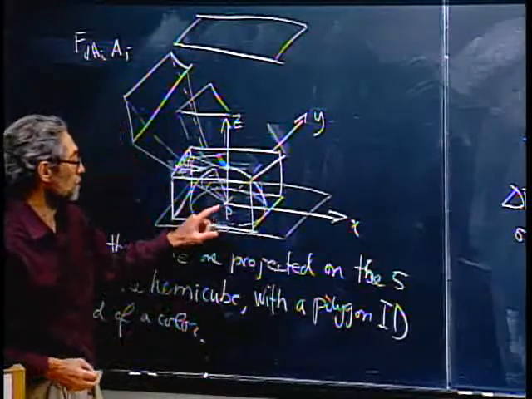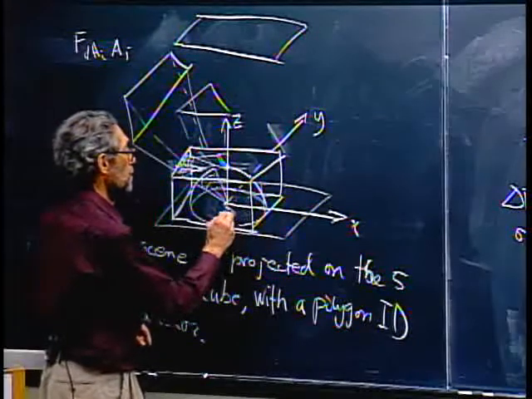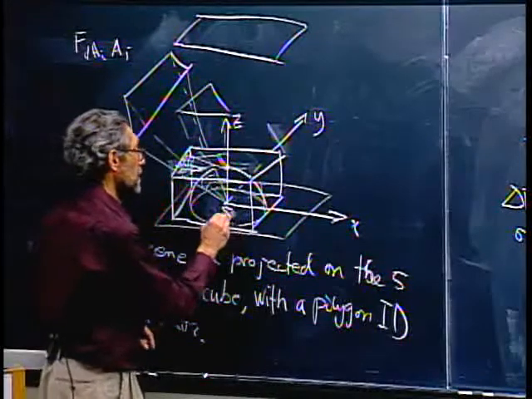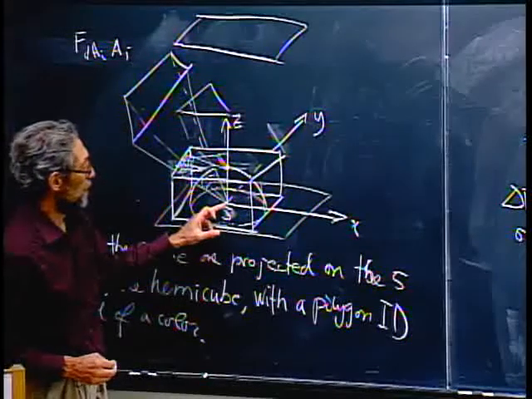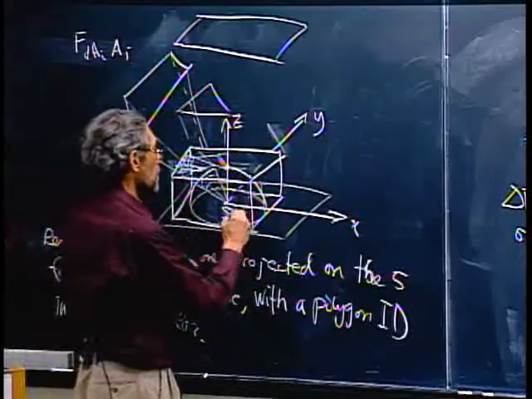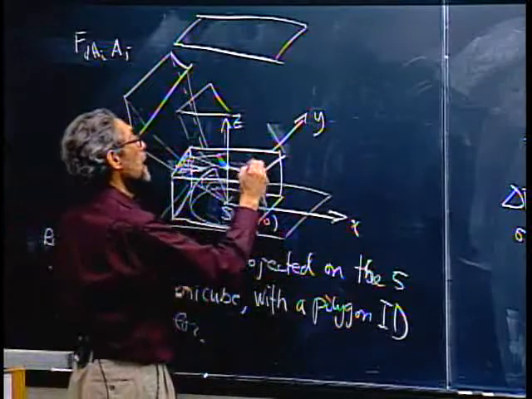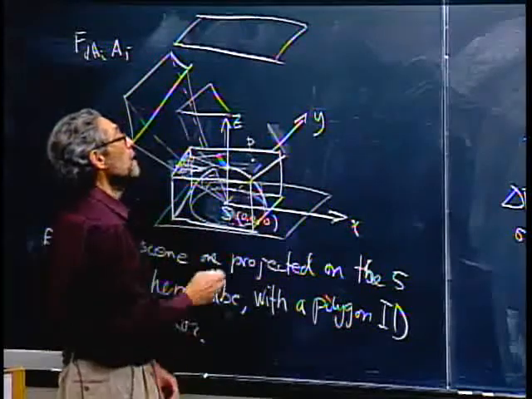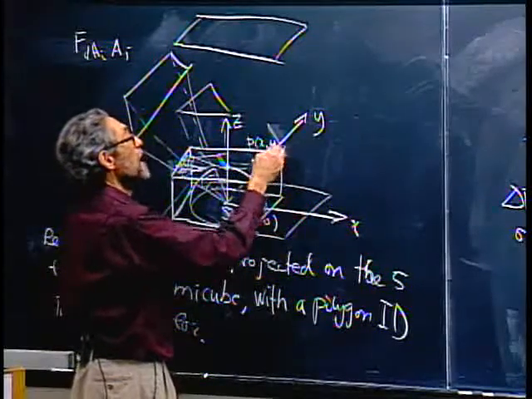P was the pixel name, so let me call the point S. I've got the center here at the origin of this XYZ coordinate system, and I have a pixel P whose coordinates, if it's on the top face, are x, y, 1.